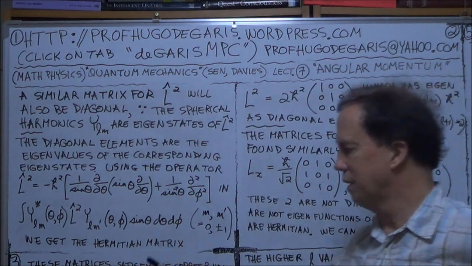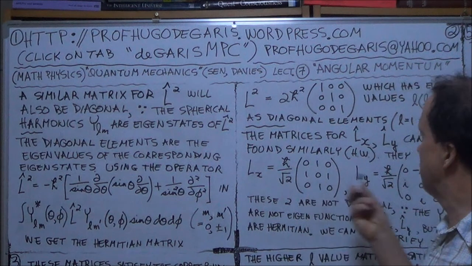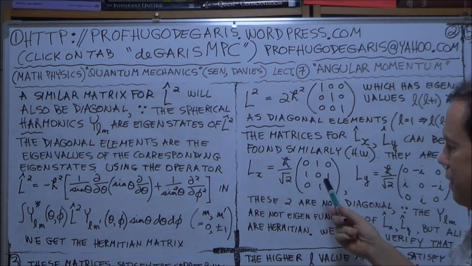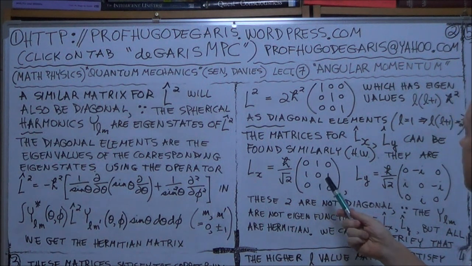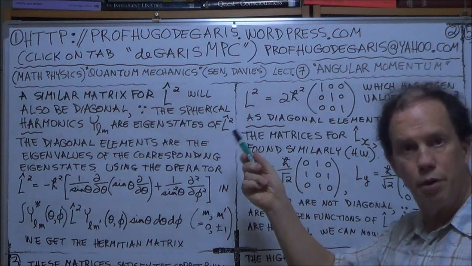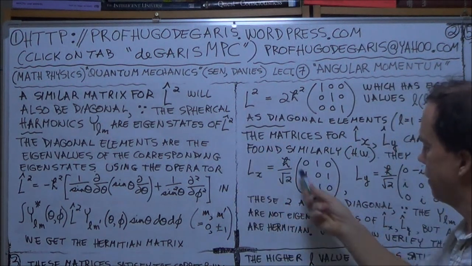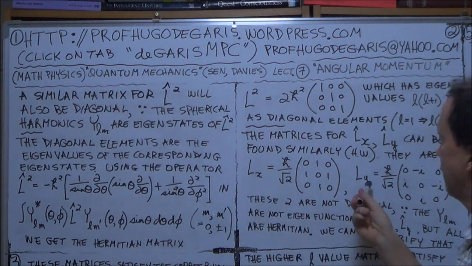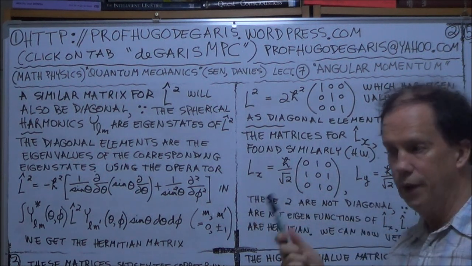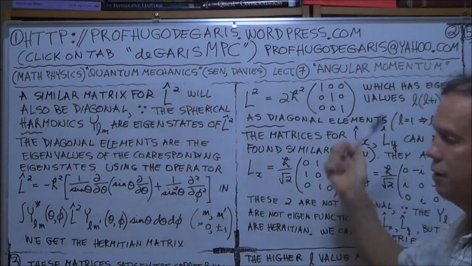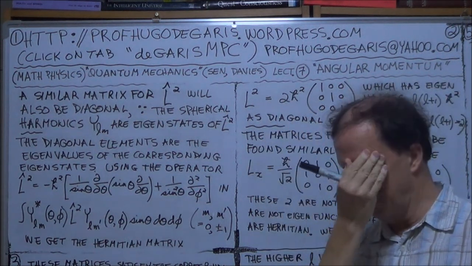Now, just a bit of a lead into the next session. At the end of the previous section, we had a matrix representation for Lz. So you've got Lx and Ly now, two more, you've got Lz from before, and you've got L squared, which is this one. So you've got four of these matrices.